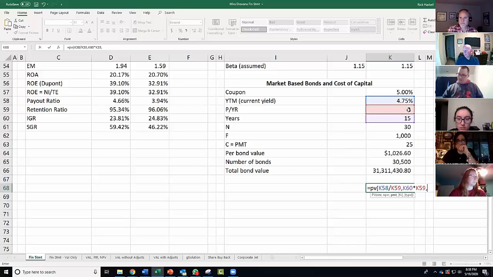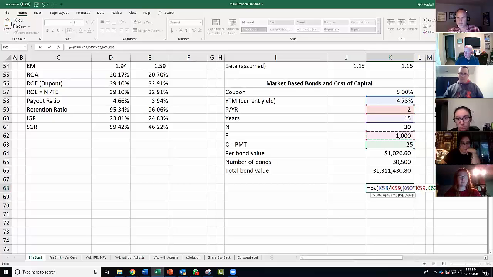And now it wants to know the payment. Well, I can do one of two things. I'll just pick up the payment because I've already calculated it, just like I'd already calculated the number of periods. I've already calculated it here, so I'm just going to pick that up. And now it wants to know the future value, and I also have already given that. So before this first comma, I've got the periodic yield to maturity or current yield.